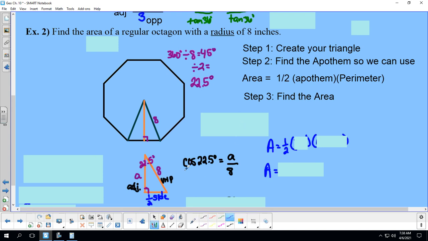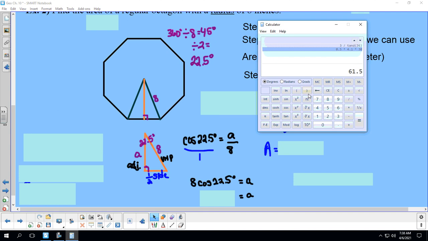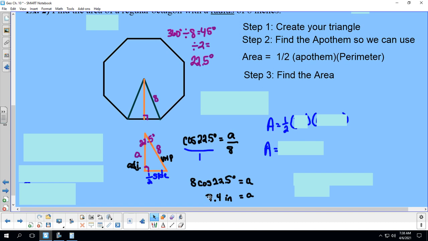So then we use our little magic 1, and we cross multiply. And we get A times 1, which is A, and 8 times the cosine of 22.5. And we do that in our calculator. Again, mine likes the angle first, so we go 8 times 22.5 cos equals, so we get 7.4. So our apothem is 7.4.